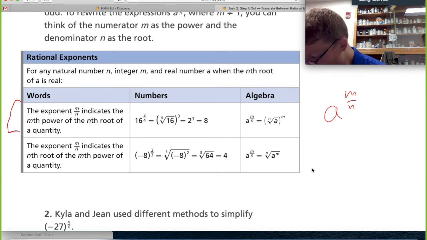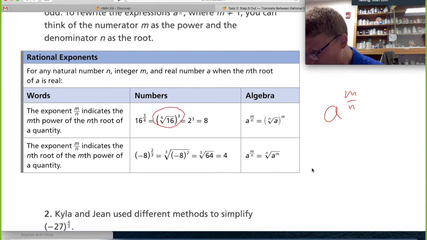So for example, if we got 16 to the 3/4, that is the same as saying 16 cubed and the 4th root. So we get rid of all of that, and we have something that looks like this.